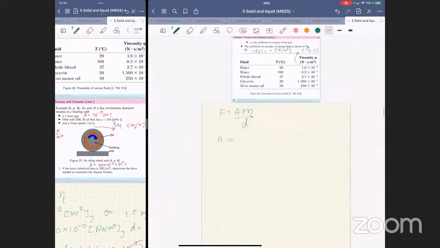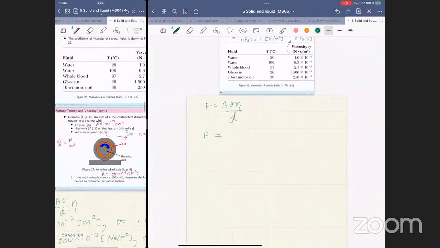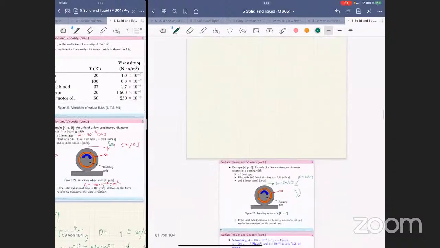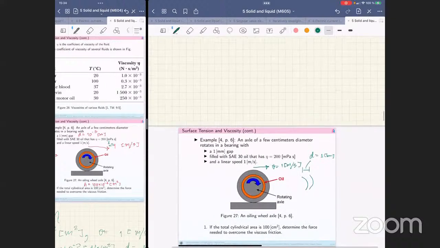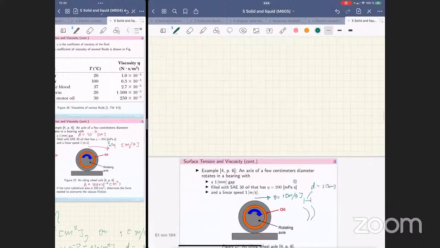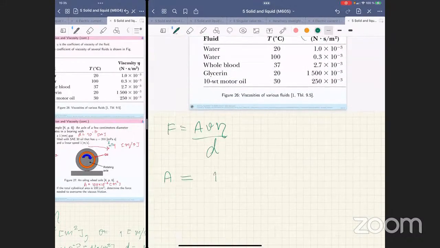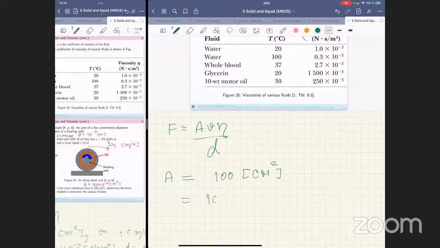A is the area. If the total cylindrical area is 100 square centimeter, so the area is 100 square centimeter, and it's equal to 100 times 10 to the negative 4 square meter, right?